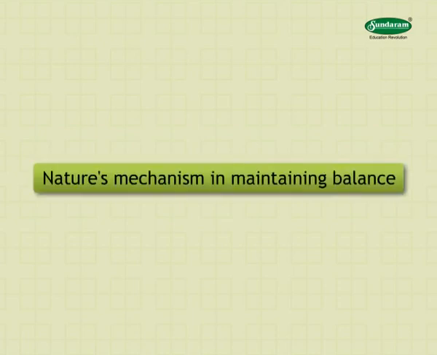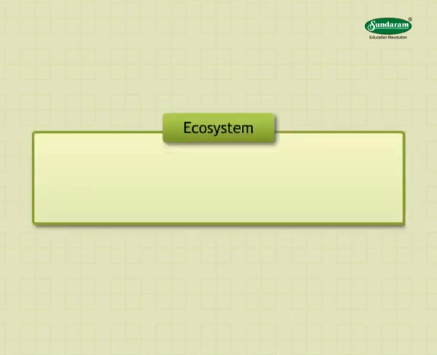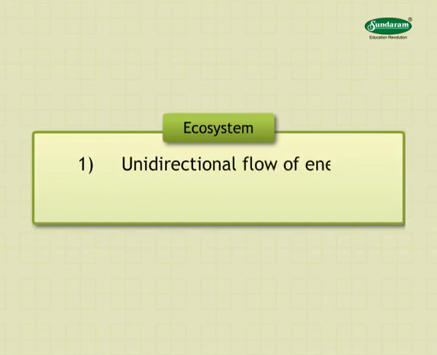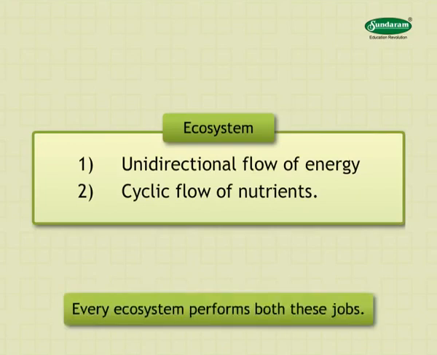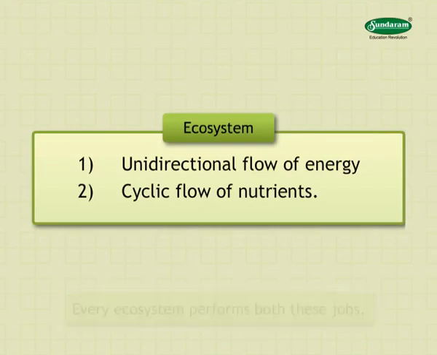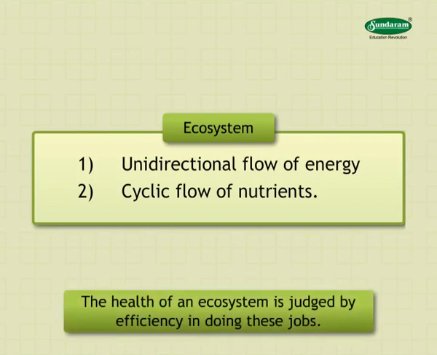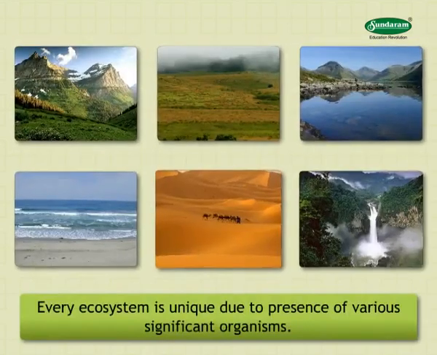Nature's mechanisms in maintaining balance. Two main characteristics of an ecosystem are: 1. Unidirectional flow of energy, 2. Cyclic flow of nutrients. Every ecosystem performs both these jobs. The health of an ecosystem is judged by efficiency in doing these jobs.